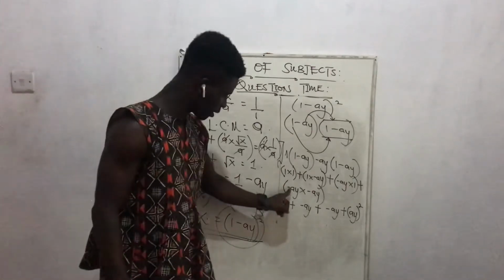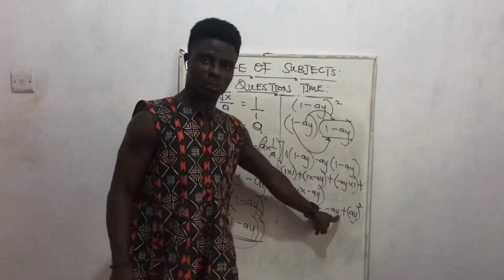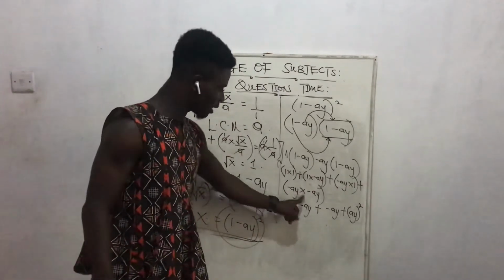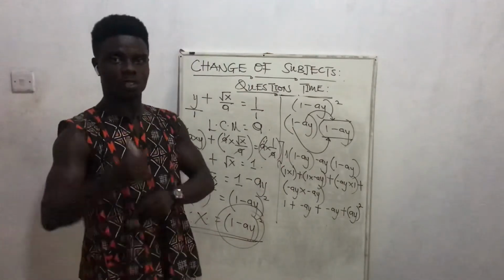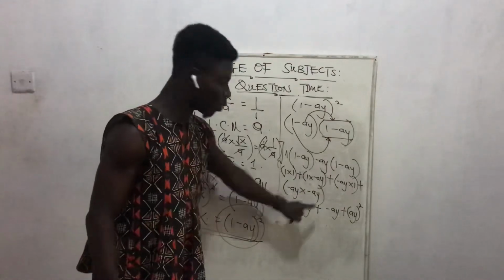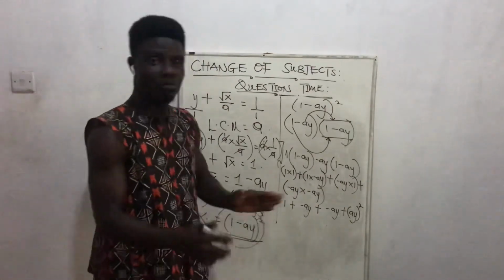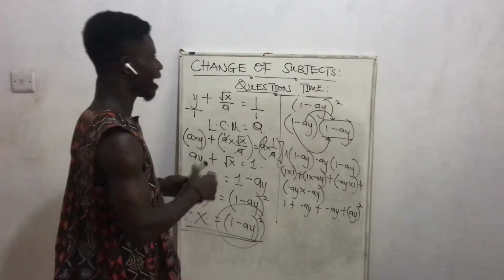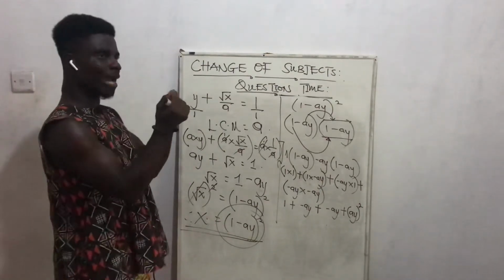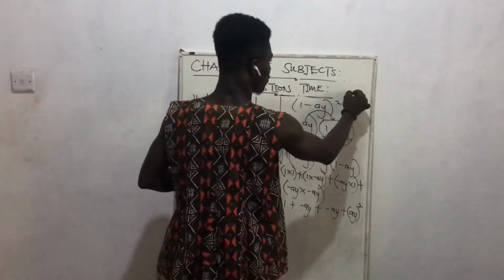Why? Because negative times negative gives positive. We know that. Now ay times ay, which is a multiplying a. A times a is a squared. Y times y is y squared. So ay times ay is ay all squared. Don't write ay squared. The squared, write ay squared.